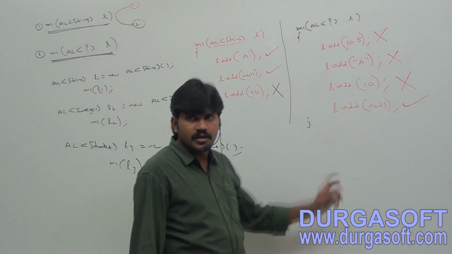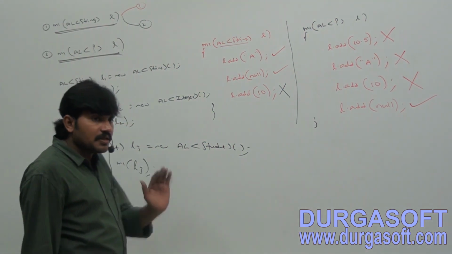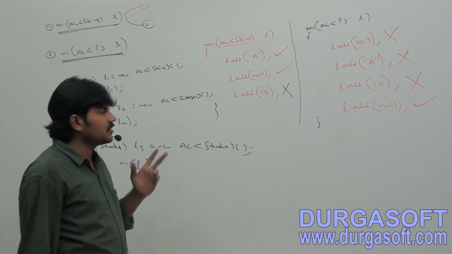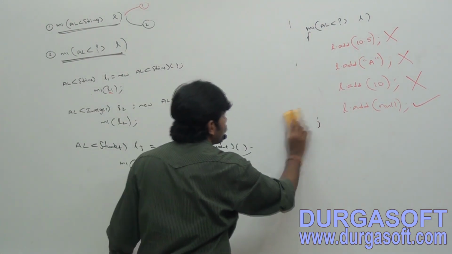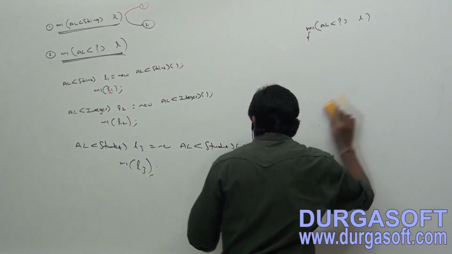Are you getting the point, right? Then immediately you may ask, sir, what is the advantage of this syntax? Simple enough. This type of methods are best suitable for read-only operation. Sir, I want to read, that's all.